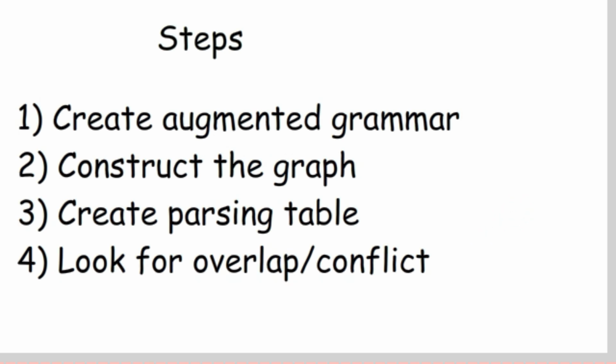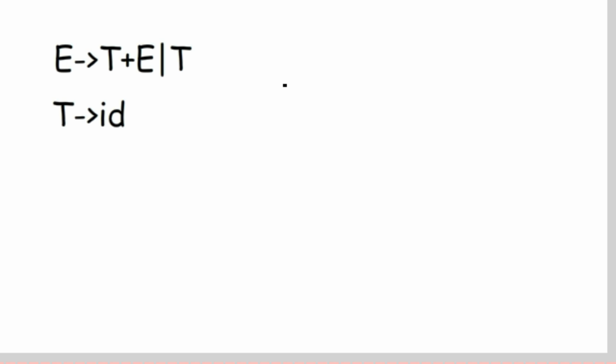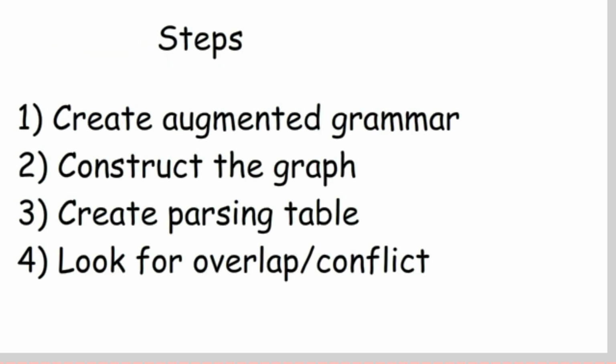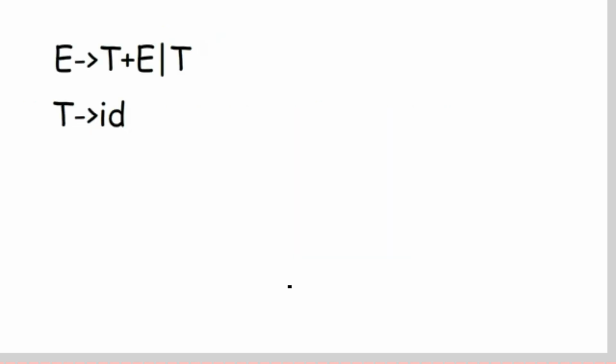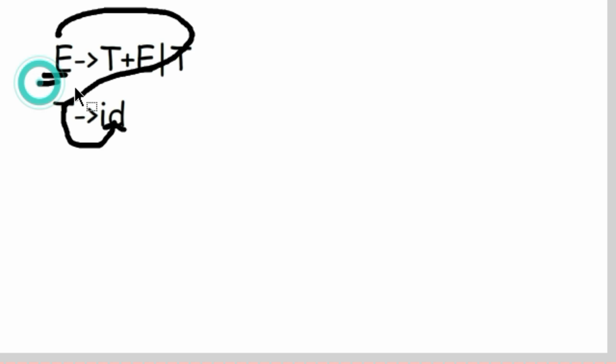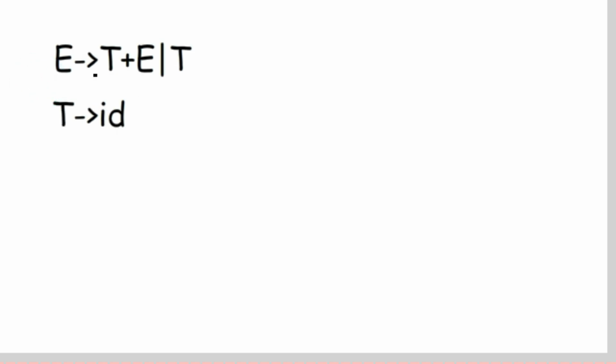Now let us start with the example. The first step was to create an augmented grammar. This is a normal grammar, and from this we will create an augmented grammar. You can see that E goes to T and T goes to ID. So we are starting with E, then we are going to T, and then T is going to ID. So it means that at the beginning, we can write E as the beginning of all this grammar.